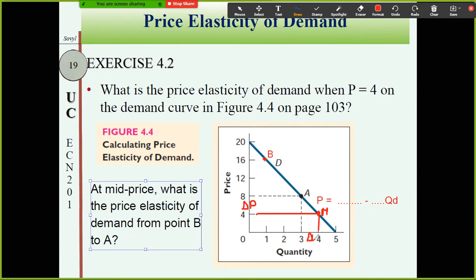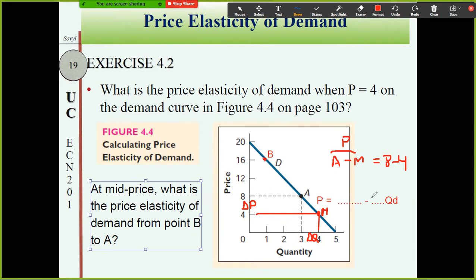So change is ending minus beginning. Maybe I can take ending A in terms of P: A minus M, it means 8 minus 4.